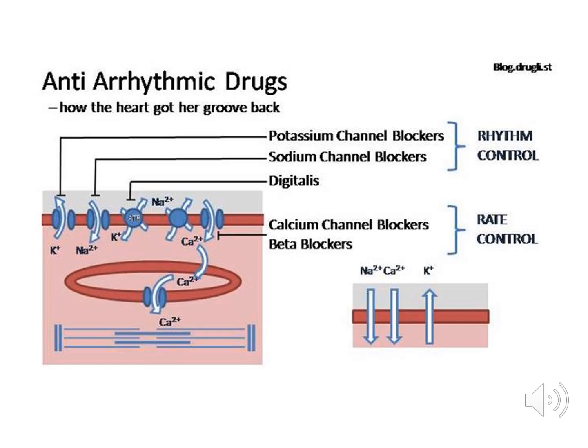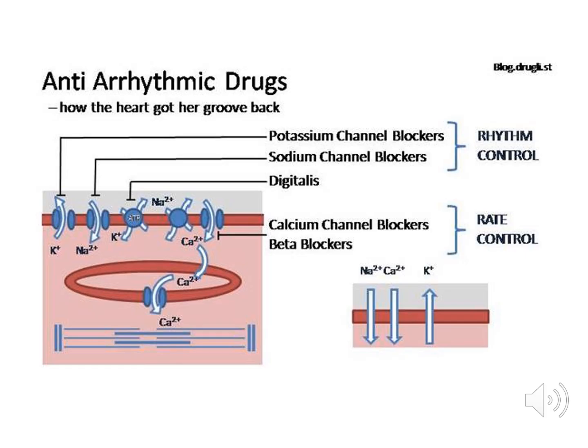So for now, all I want you to remember is that most of these antidysrhythmic drugs work by changing the permeability of the heart muscle cell membrane to different electrolytes. Okay, so we have the potassium channel blockers, the sodium channel blockers, the calcium channel blockers. They're all working by somehow changing the permeability of the cardiac muscle cell membrane to these different electrolytes.